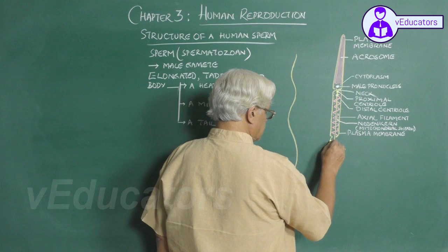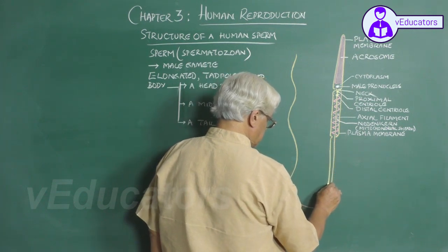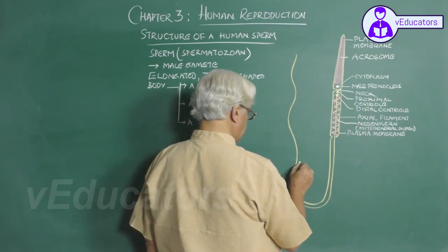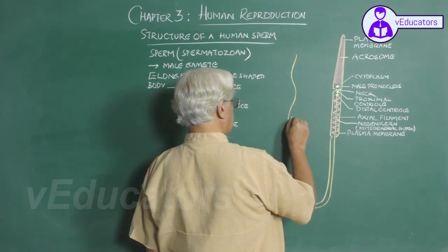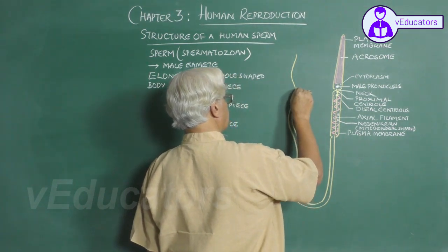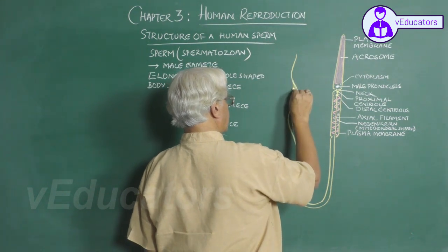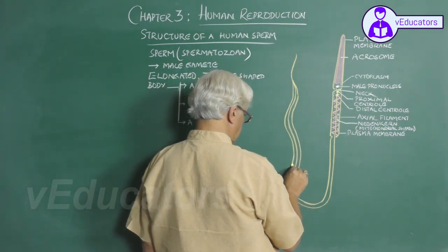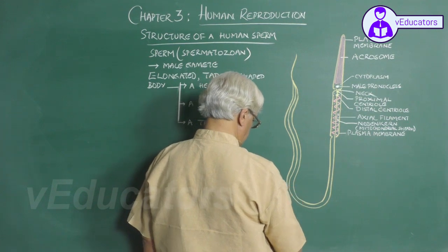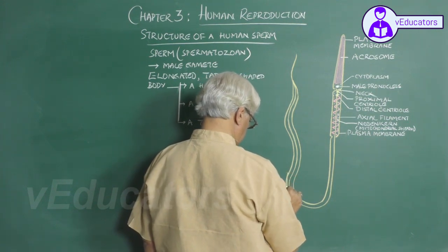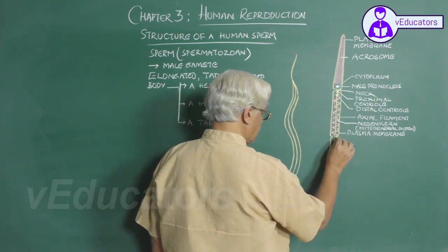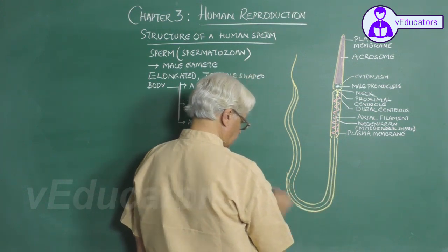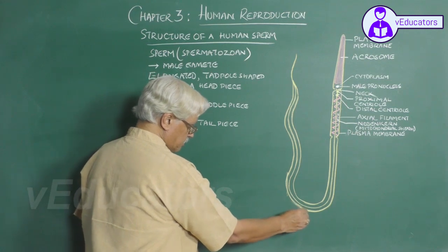The tail piece is the longest portion in the body of a sperm.